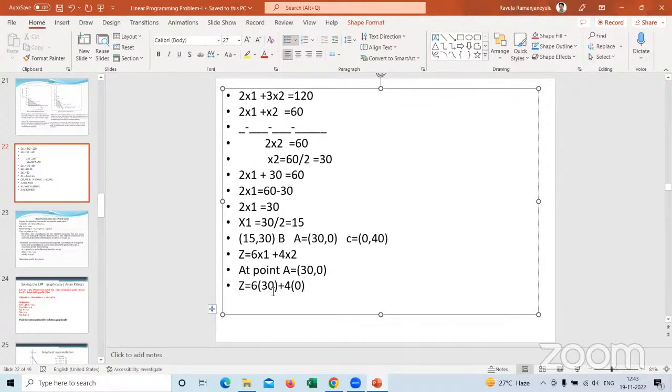So 6 times 30 is 180, and the value we get here is 180.